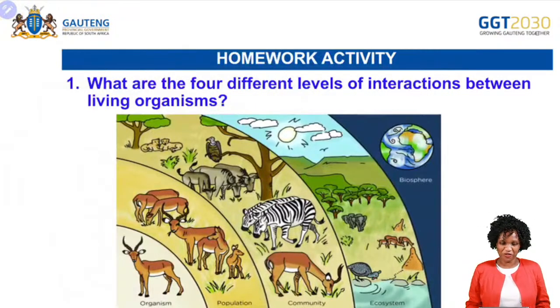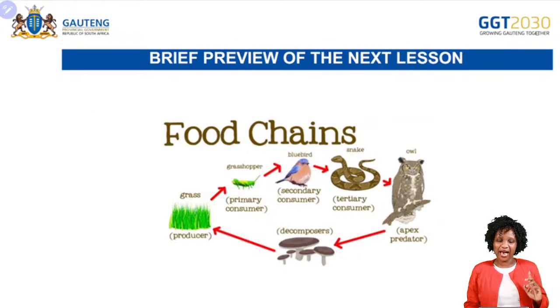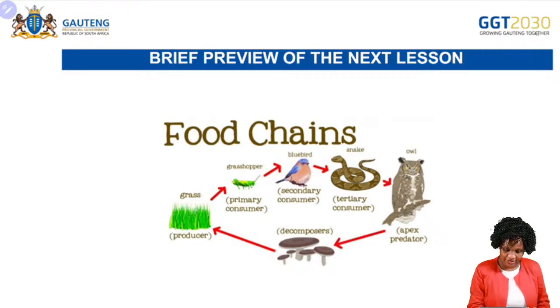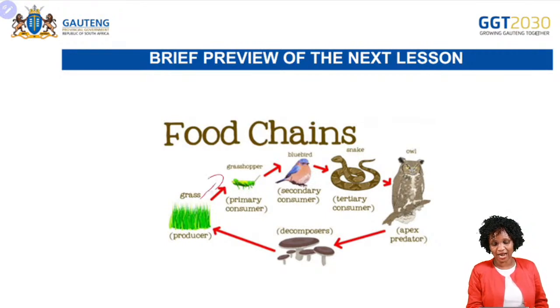Hope you have enjoyed the lesson. But a brief preview of the next lesson, next week, Tuesday, same time, we are going to be looking at food chains, how the organisms interact. For example, we've got the producers, that is the grass, then the grasshopper feeding on the grass, and then the bird feeding on the grasshopper, the snake feeding on the bird, then the owl feeding on the snake.